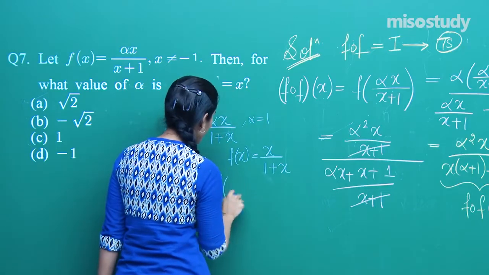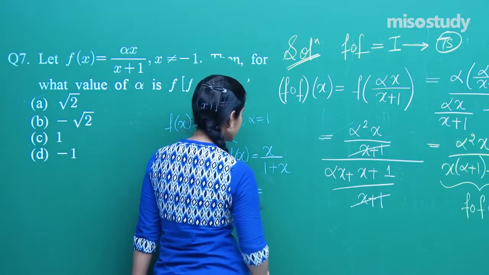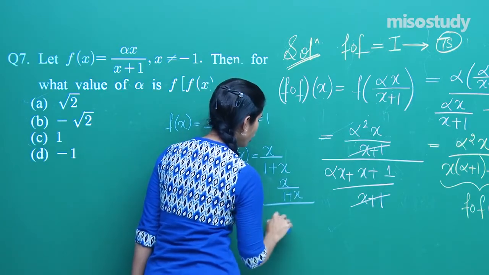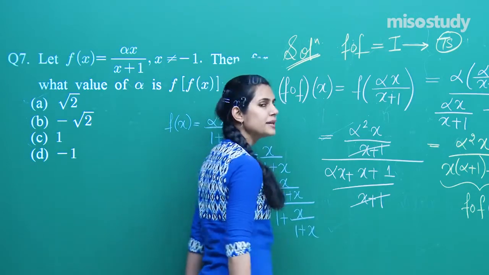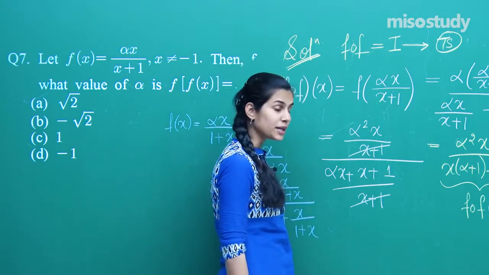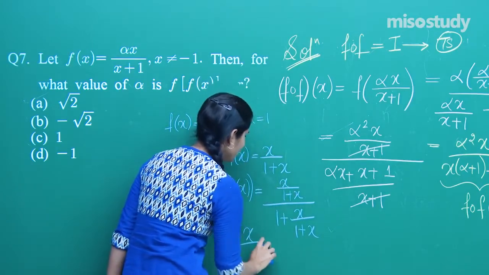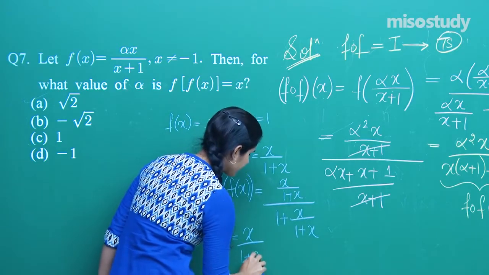And FOF of x turns out to be what? It turns out to be x upon 1 plus x whole upon 1 plus x upon 1 plus x. That is what it turns out to be, which is nothing but x upon 1 plus 2x.